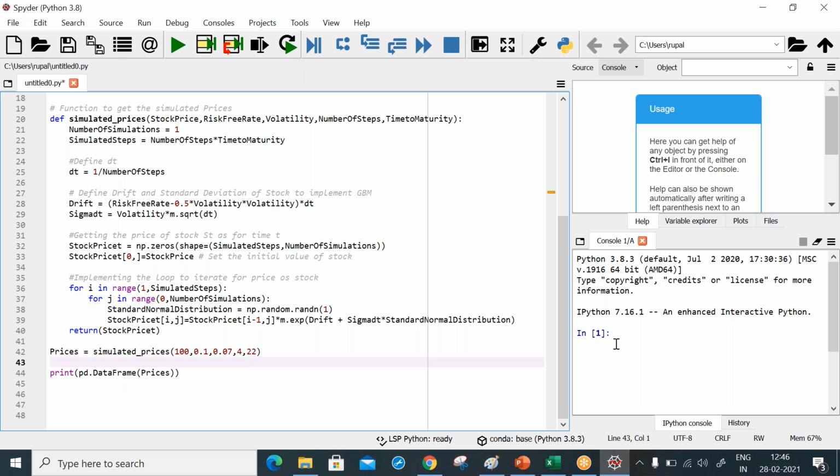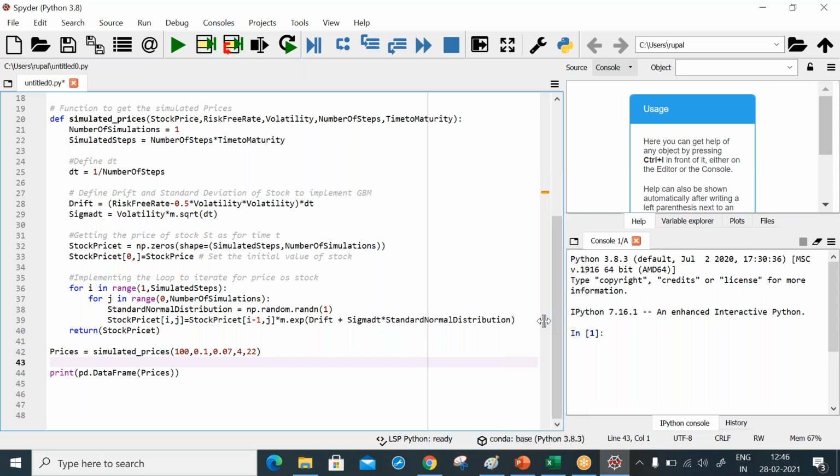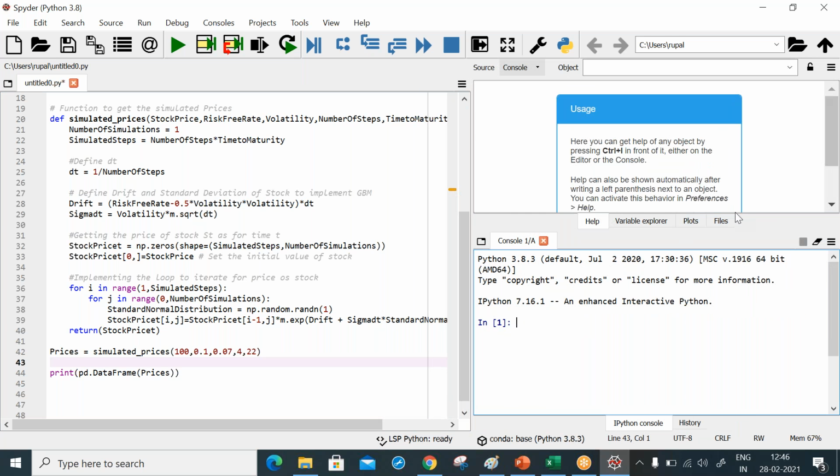So this print function will print all the values within the console that we have.